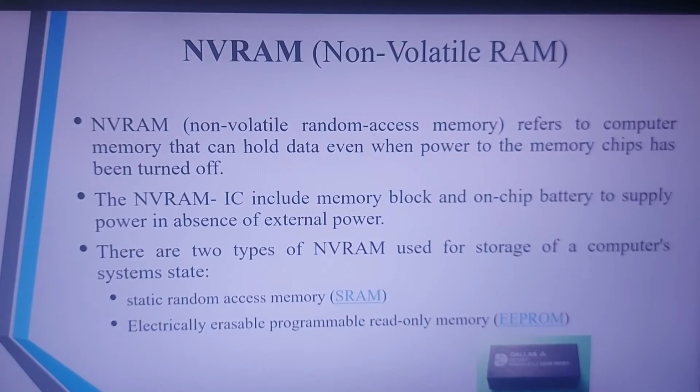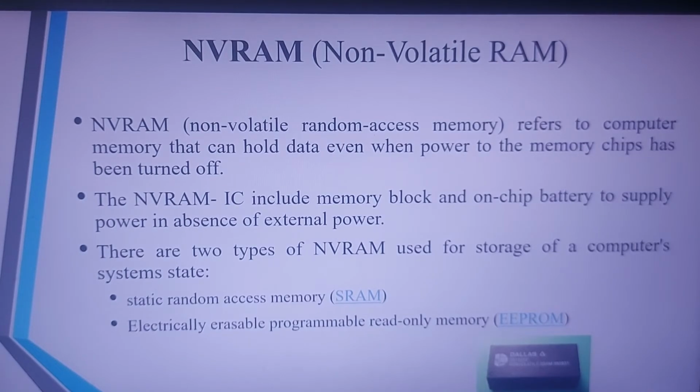Again, NVRAM can be designed in two ways: either using a static RAM, or using an E2PROM. What is E2PROM? We'll see in the coming session. SRAM we have already discussed. EPROM or E2PROM we'll discuss in the upcoming slides. So this is NVRAM.